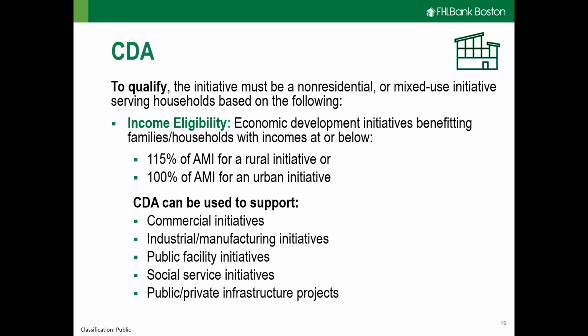Just like with CDA Extra, it does support all types of business activities. It's not listed on here, but working capital is also an option under this commercial initiatives in terms of the activity that's underneath. But all kinds of business lines are eligible under the CDA.